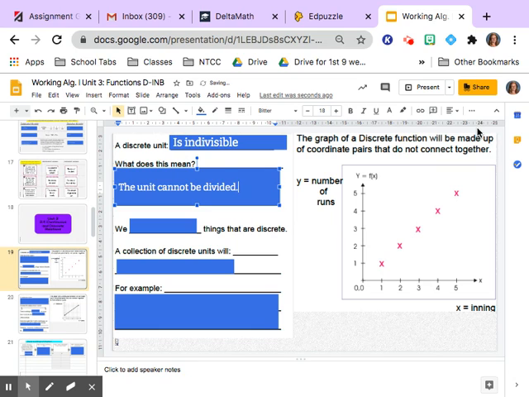We're saying the country cannot be divided. If it is divided, then the result, it will not exist.